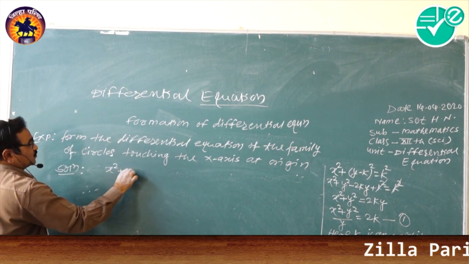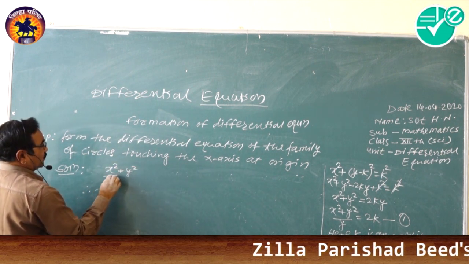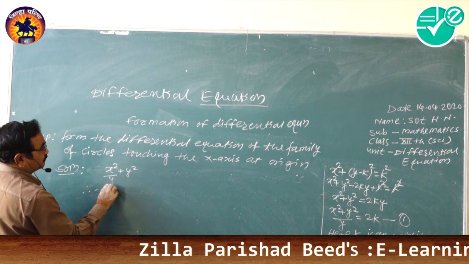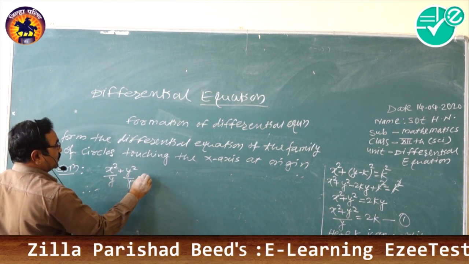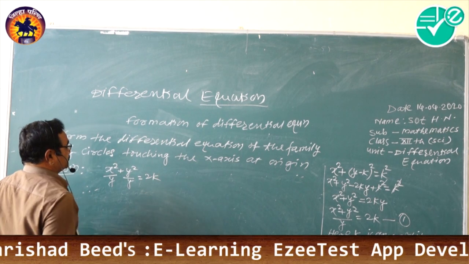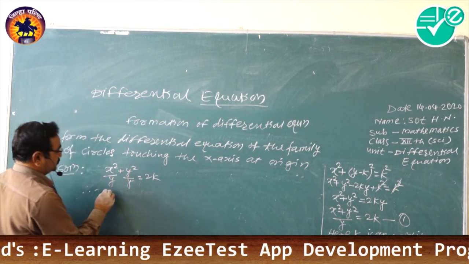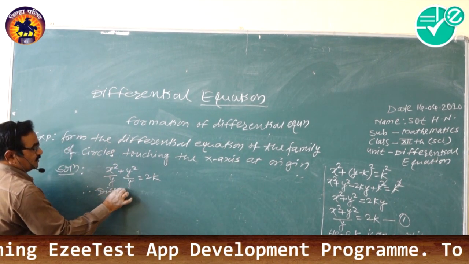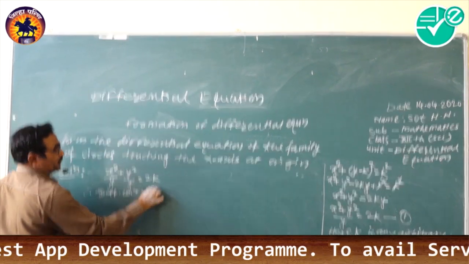x square plus y square upon y equal to 2k. Differentiate with respect to x.